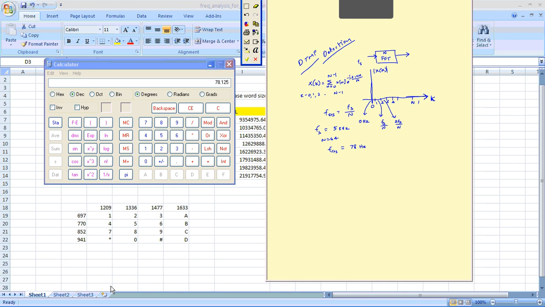Let us say at bin number 2 you have got some value, the magnitude of the complex number. Remember, the FFT output is a complex number, and we are measuring its magnitude. If its magnitude is, let us say, 40, then what it means is that the true frequency is 2 into the frequency resolution, that is 2 into 78 hertz, meaning 156 hertz. At 156 hertz we have energy of 40. That's what it means.